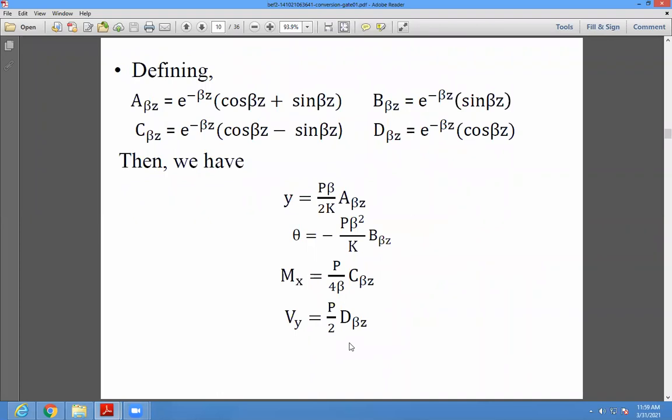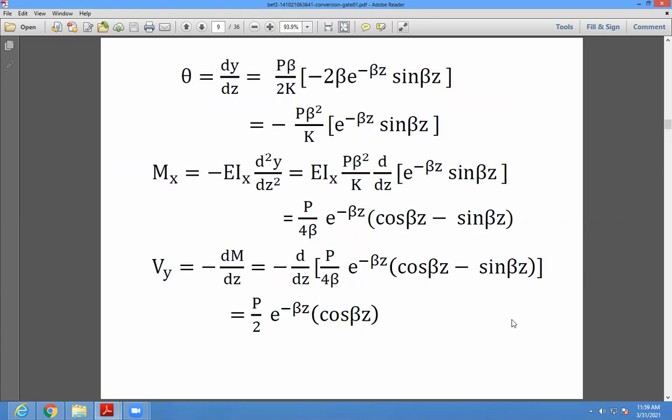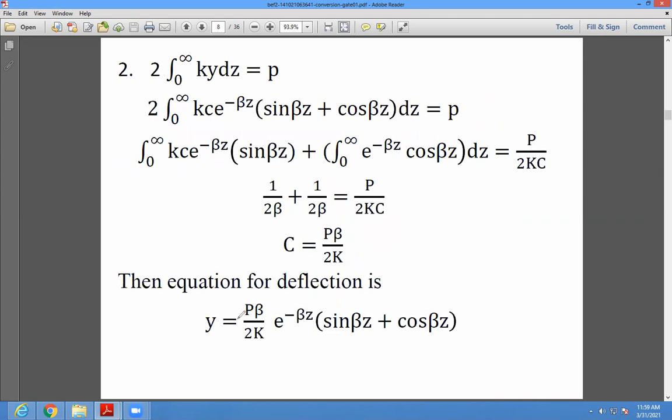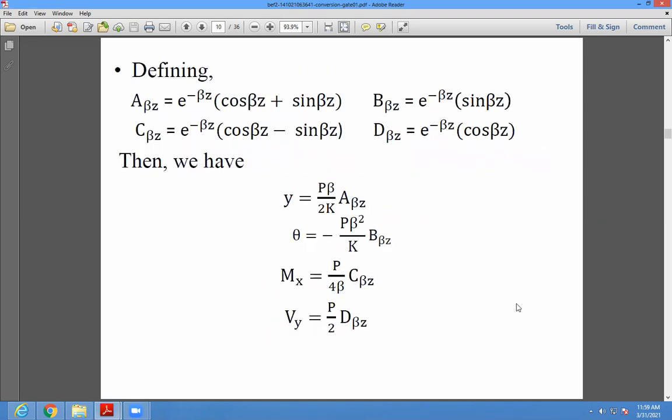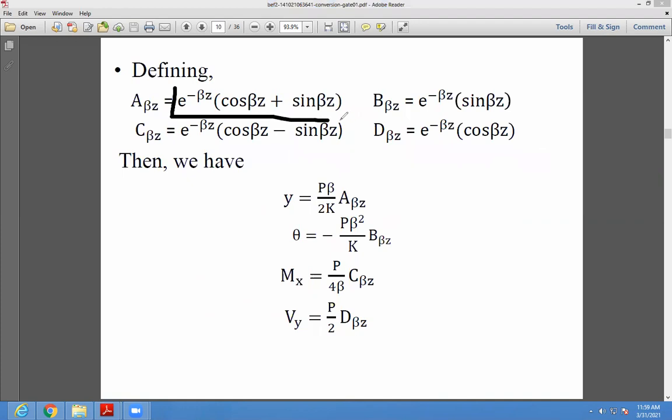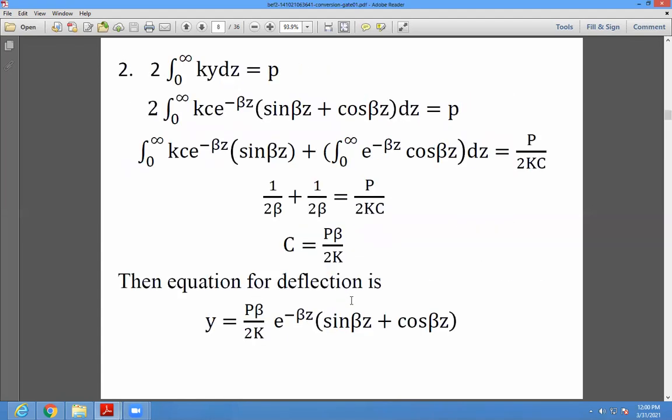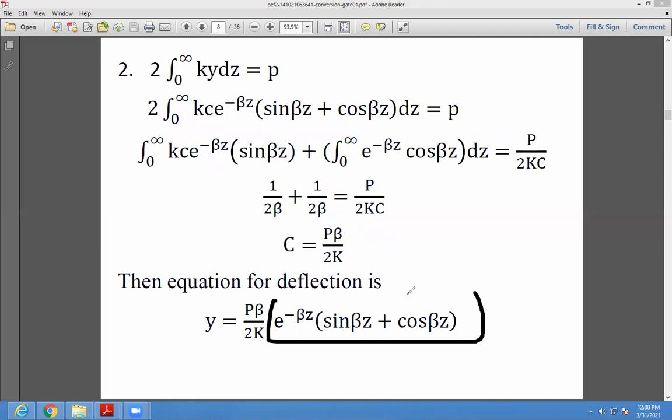Now in the equation of y, P beta by 2k e raised to minus beta z sin beta z plus cos beta z, so e raised to minus beta z cos beta z plus sin beta z is considered or assumed as A beta Z in the equation of deflection for simplification only.